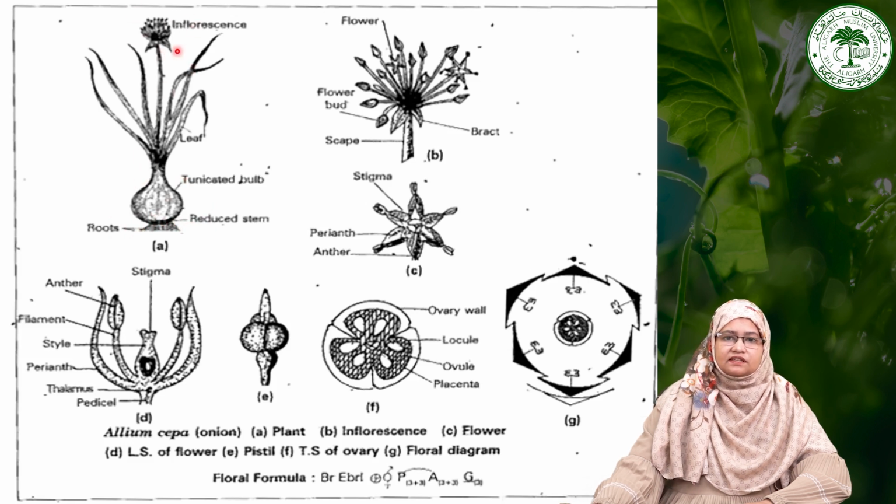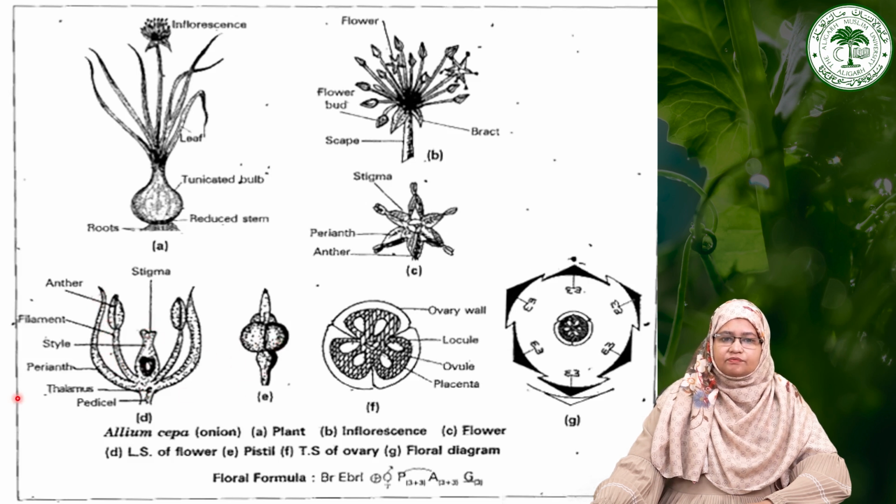You can see here this is a monochasial cyme type of inflorescence, and there is a bract at the base and a pedicel. You can see the ovary is superior in position, this is the perianth, and then the stamens, which have quite long filaments, and the stigma, which has a lobed structure.